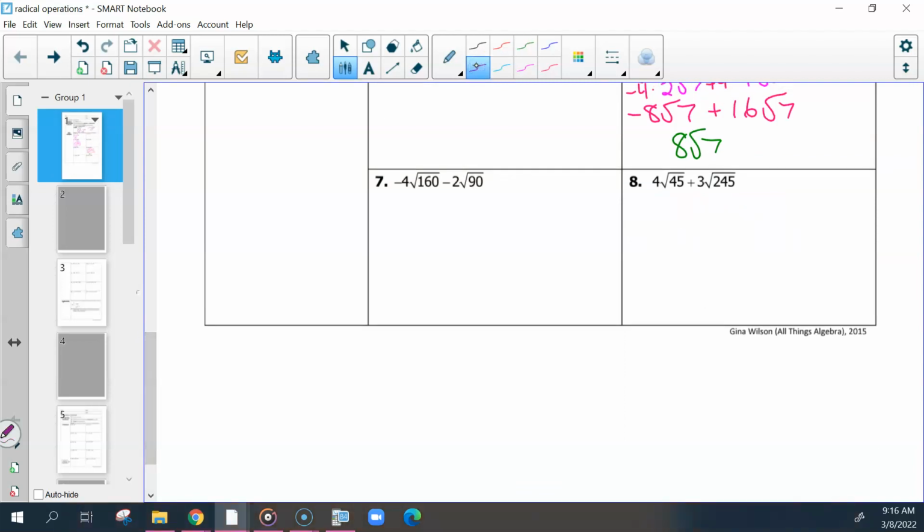Okay, 4, 7. What is the highest perfect square we can divide out of 160? 16 and 10. So that would be 4 times the square root of 10. I'm going to bring down this negative 4.